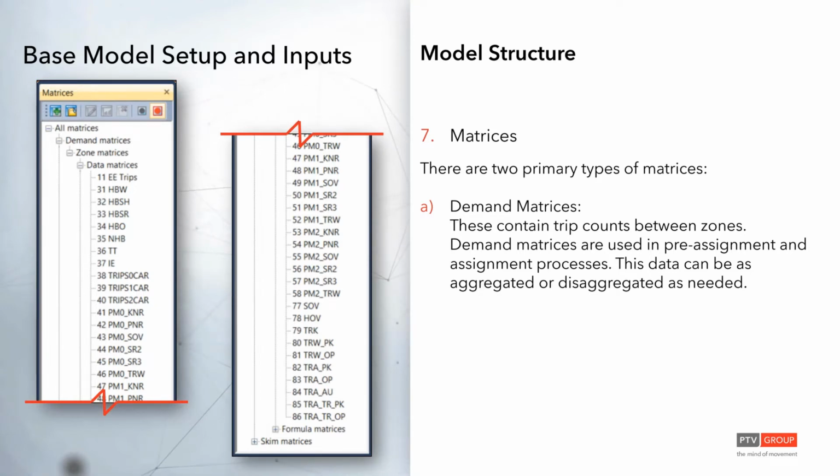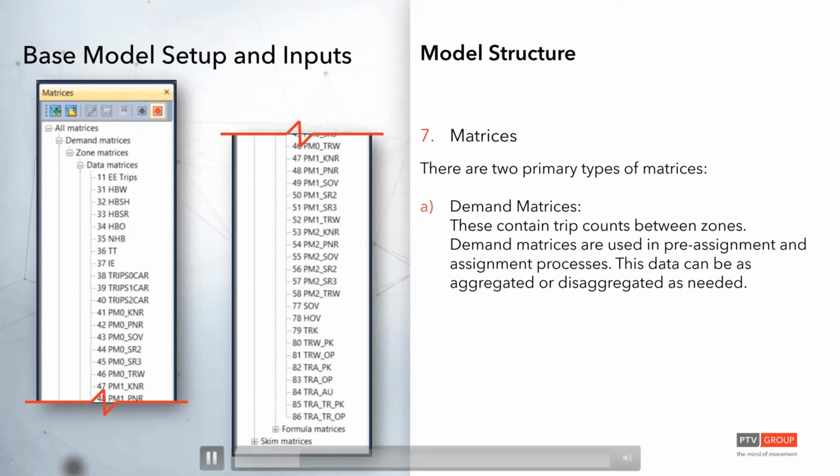And then what we can do is combine them together. So you can see how we have different matrices on this left side that represent different types of park and ride and kiss and ride and single occupant. And those all get combined together into an overall total matrix for single occupant and HOV and truck.